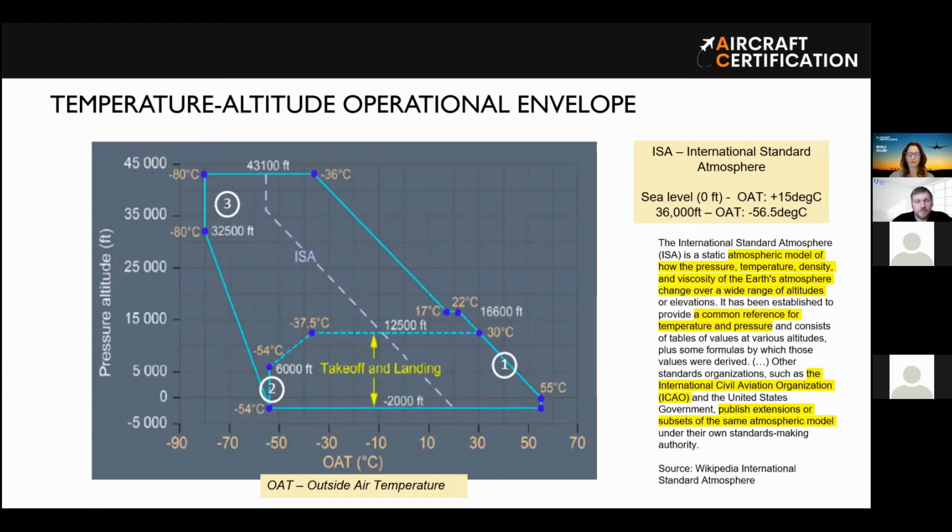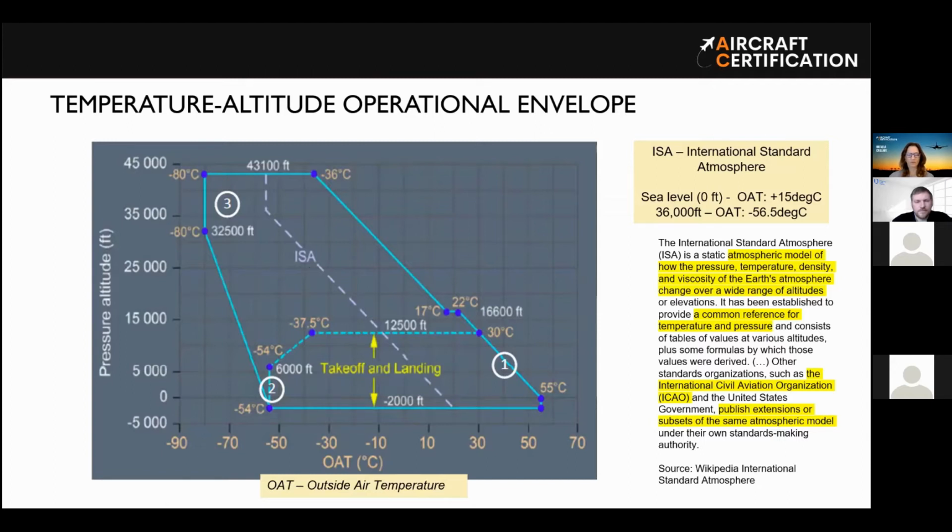The idea of this model is to define a reference for the whole aviation community. ICAO, which we mentioned a lot in the previous talks, uses this model as a reference for the atmosphere.